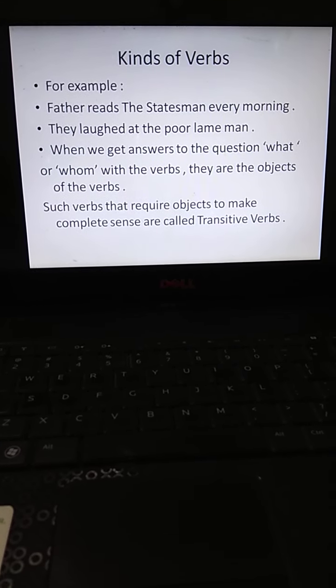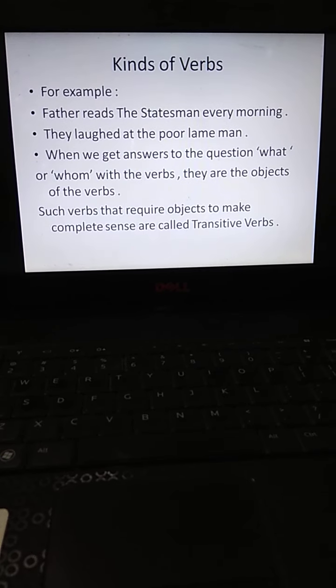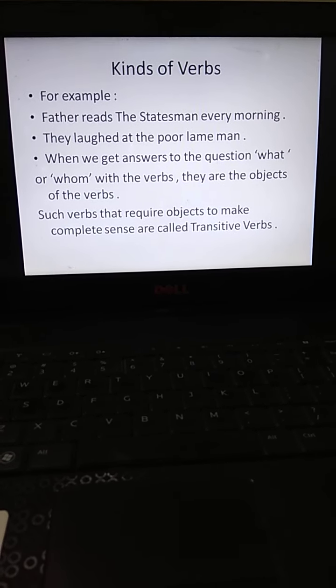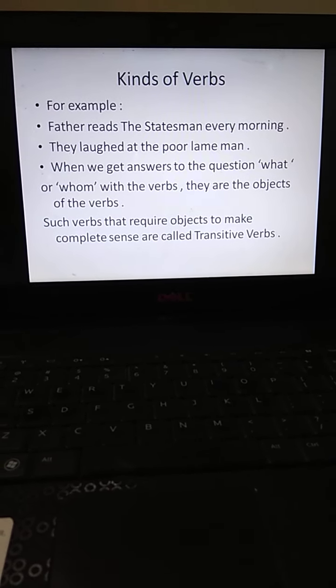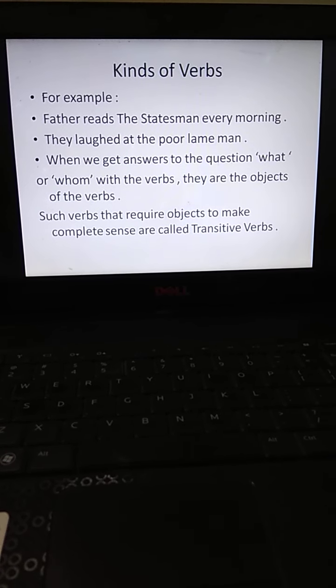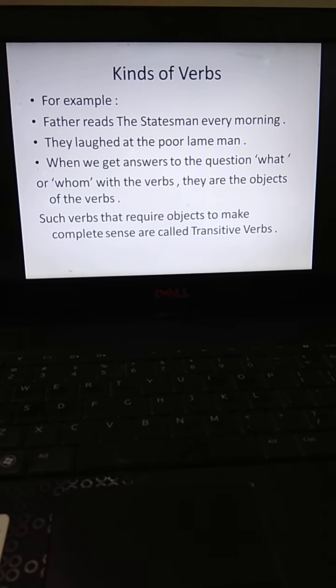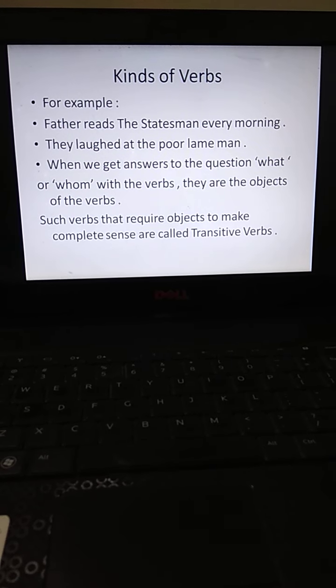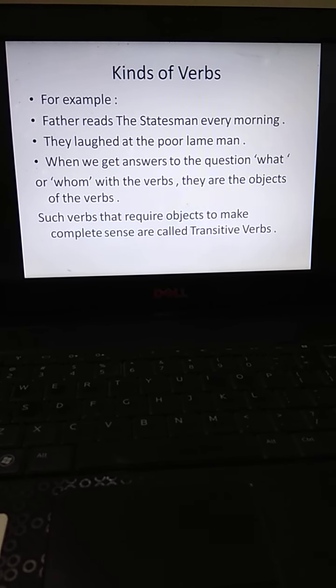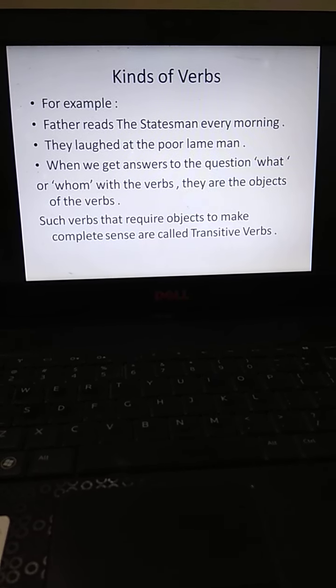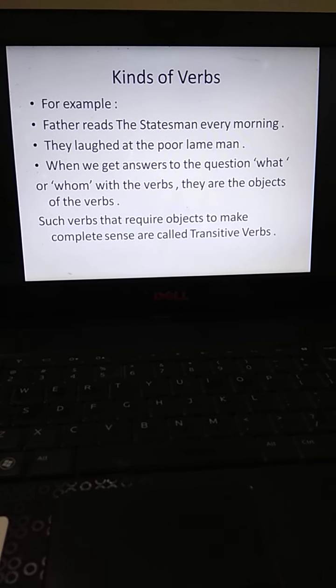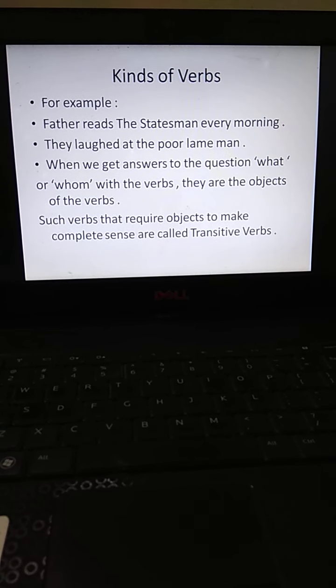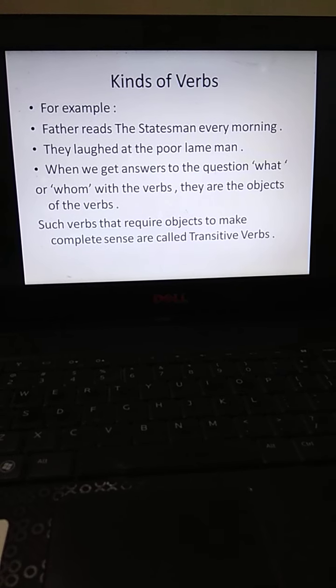Kinds of verbs. For example, father reads the newspaper every morning. They laughed at the poor lame man. When we get answers to the question what or whom with the verbs, they are the objects of the verb.